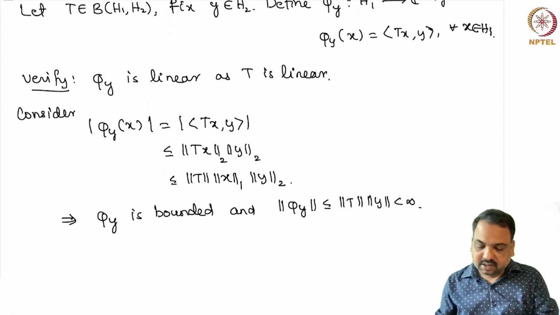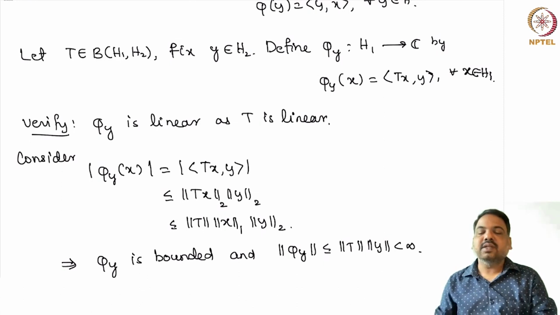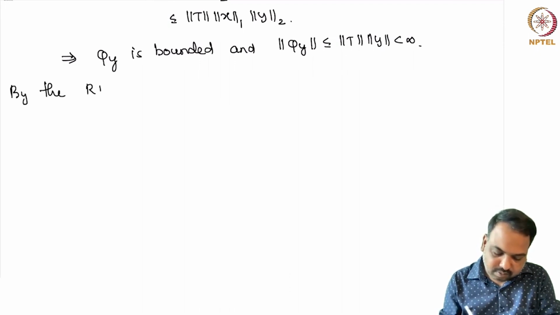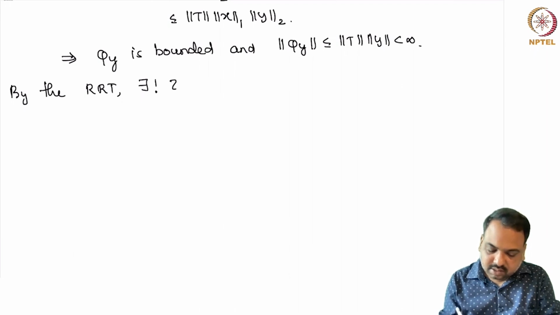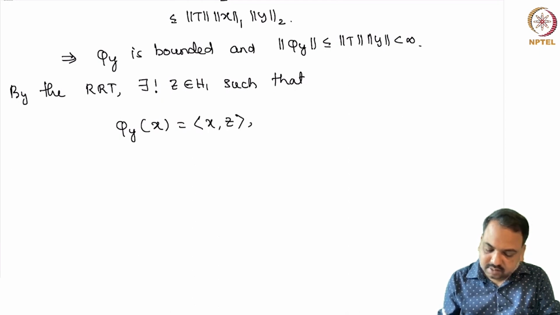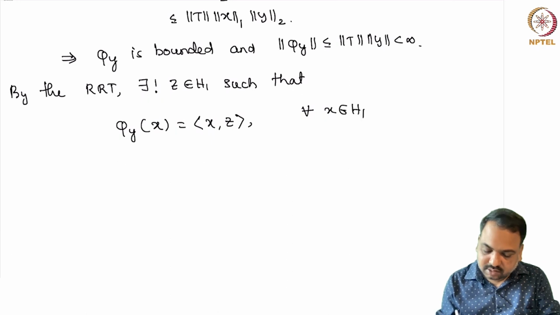Okay, now we can apply the Riesz theorem to this particular functional phi suffix y. By the Riesz representation theorem, there exists a unique z in H1 such that phi y at x is the inner product of x with z, for every x in H1.